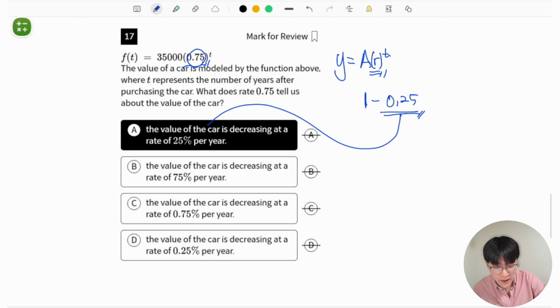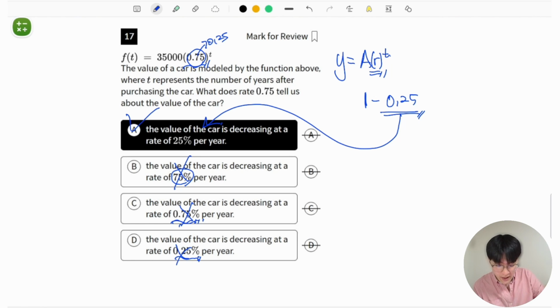And that is why answer choice A is correct. And answer choice B, the value of the car is decreasing at a rate of 75%, then this should have been 0.25 if this was supposed to be the answer, which is why it's incorrect. 0.75% is also incorrect. And increasing by 0.25 is also incorrect.